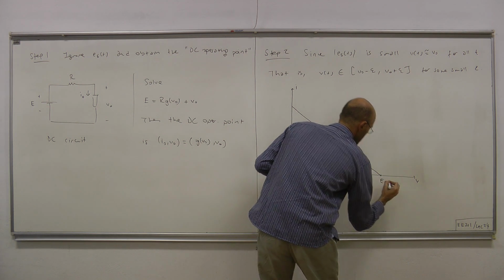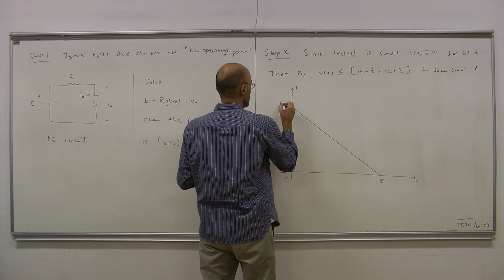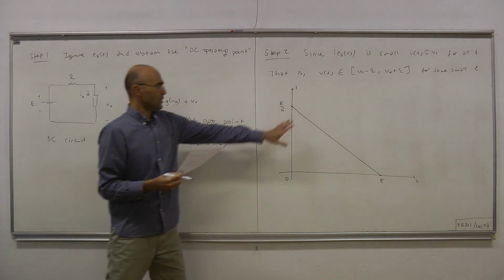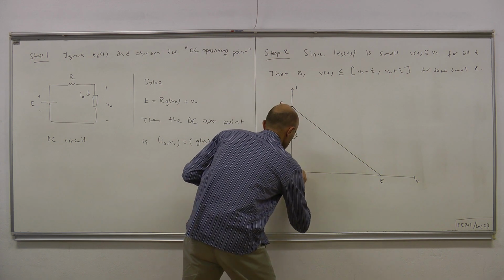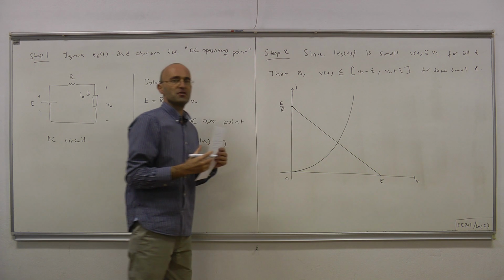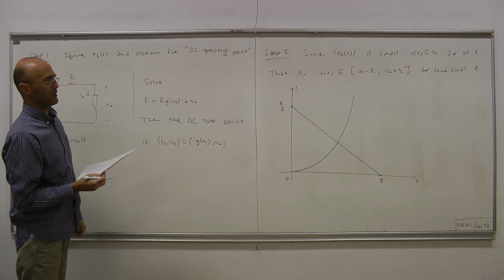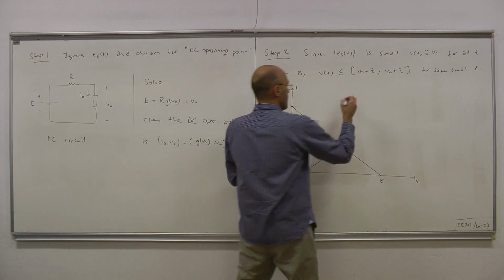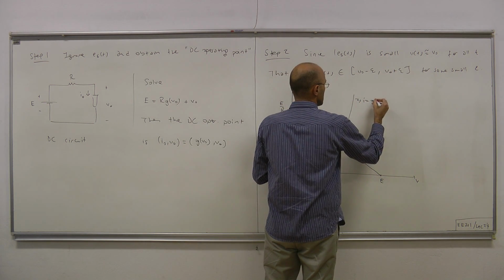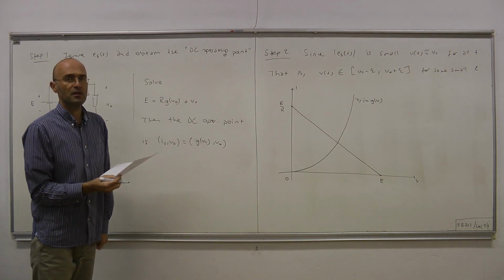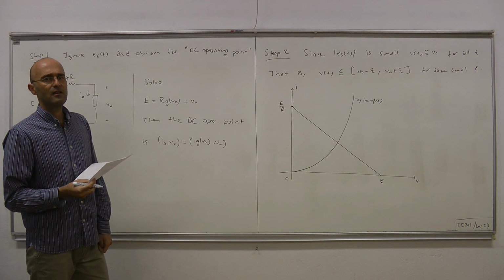This is E, this is E over R. And this is the curve that represents the terminal equation for the nonlinear resistor, I equals G of V, and those two curves meet or intersect. We call that point the operating point.